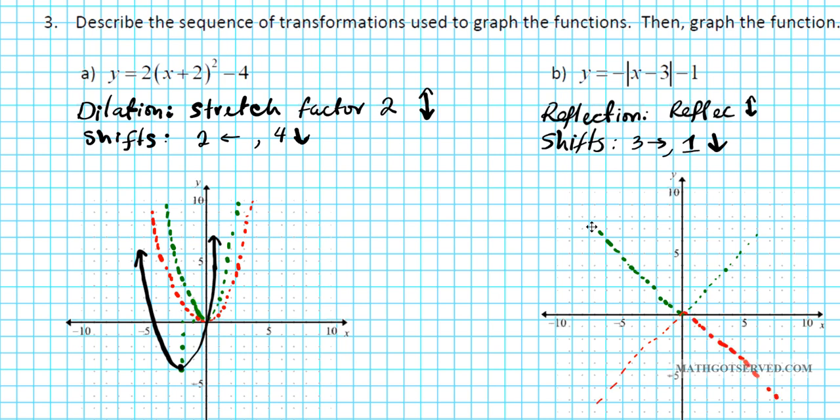And then we're going to shift it 3 units to the right, 1, 2, 3, and 1 unit down right here. And then we'll have our final absolute value function, which is something like this, and then like that. Okay, let me move this point a little bit. So there goes your absolute value function right there.